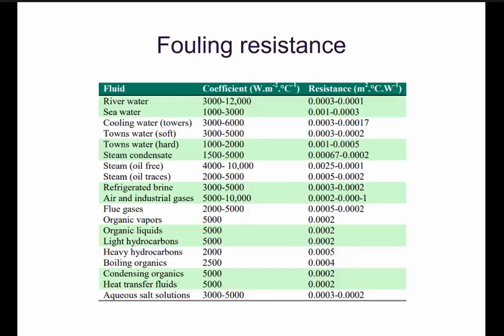This is again not a standard, this is a recommendation. So people ask what is dirty? When you say dirty, that means your fouling resistance is more than 0.0004. Okay. So these are the overall values. If the licensor is not giving them, you can take these values. It doesn't change much.